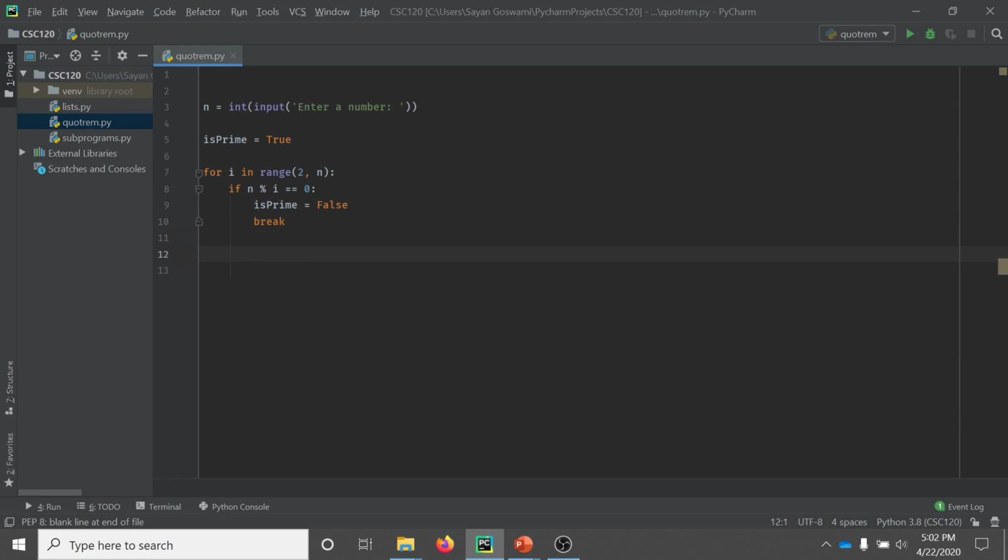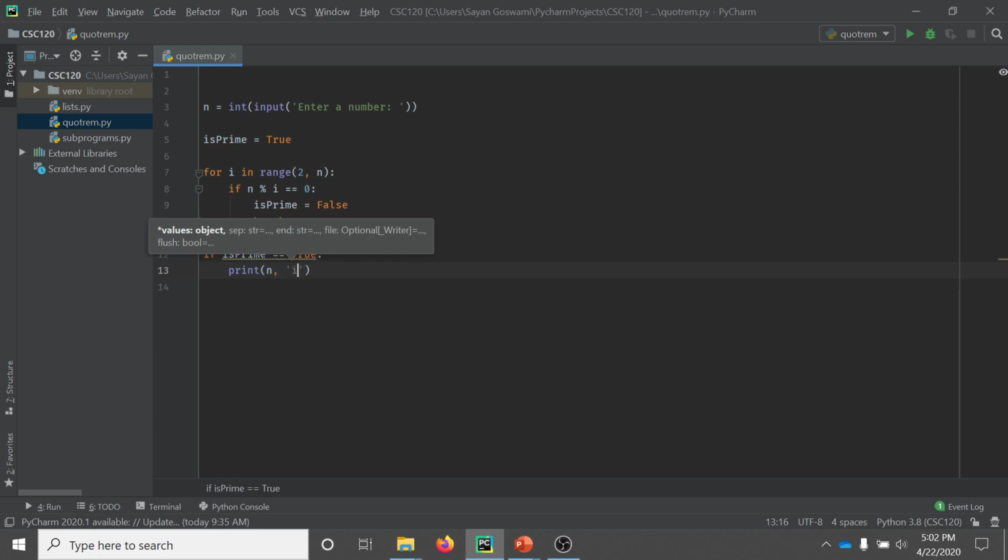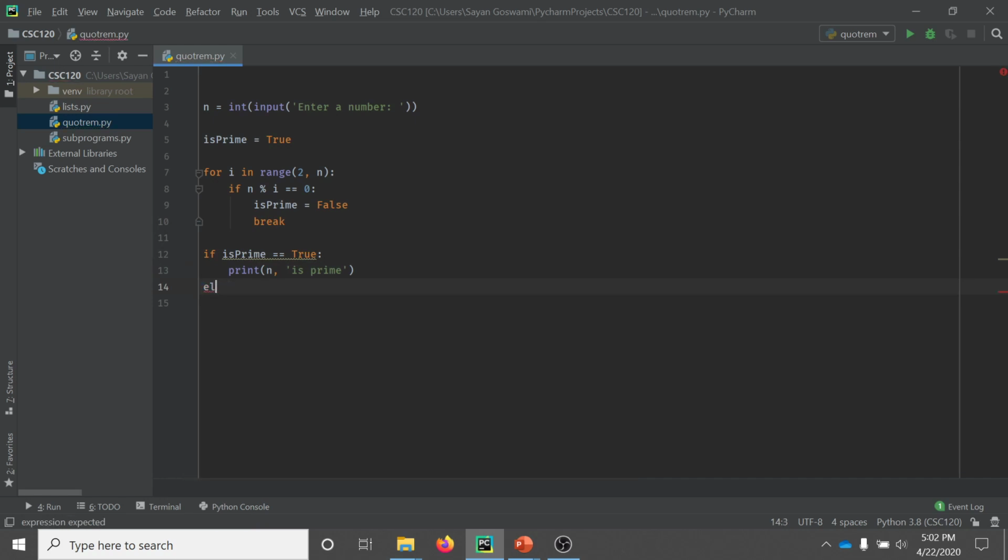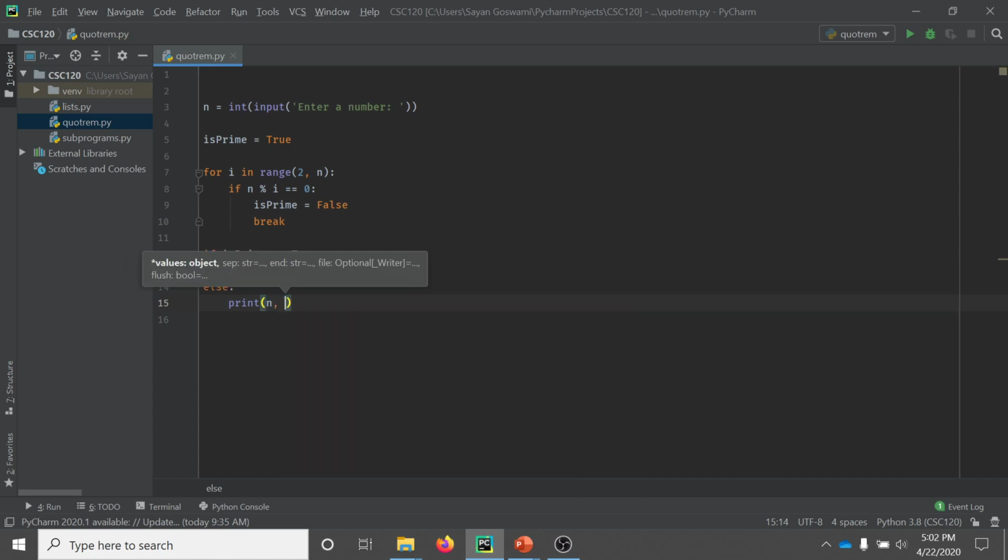Now, when we want to write the output, all we need to do is check the value of this. That would be our value. So we can just say, if is prime is true, then we would say print n is prime, else we would say n is not prime, and that's it.